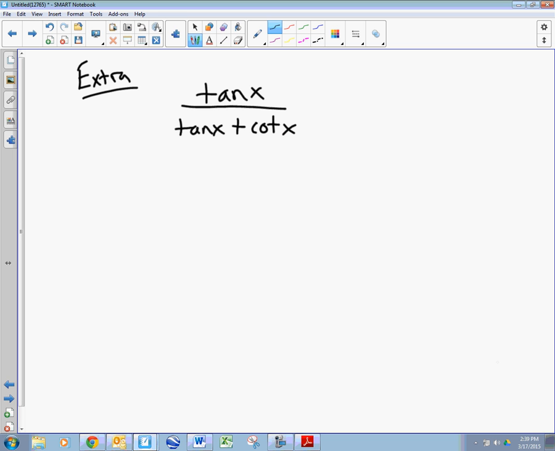Just write small. Put it right up to the right-hand side of the last problem.